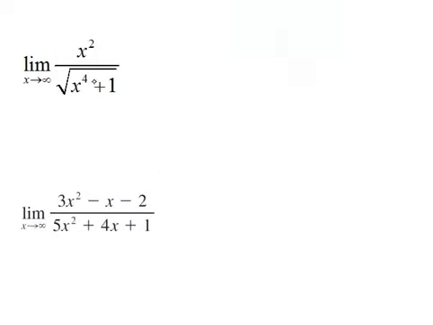Now, as we go to look at this next one, so that we can evaluate the limit, we are going to multiply numerator and denominator by 1 over x squared. In the denominator, I'm going to put it in a different form. We know that 1 over the square root of x to the fourth is equivalent to 1 over x squared, but we'll put it like that so that we can multiply it underneath the radical in the denominator.